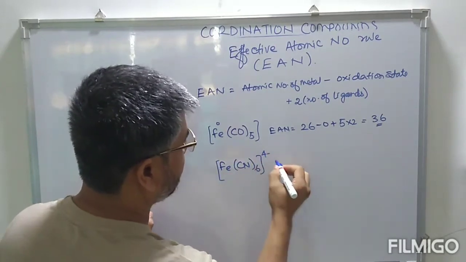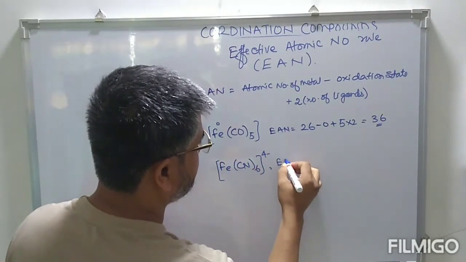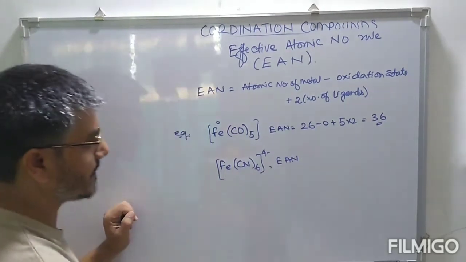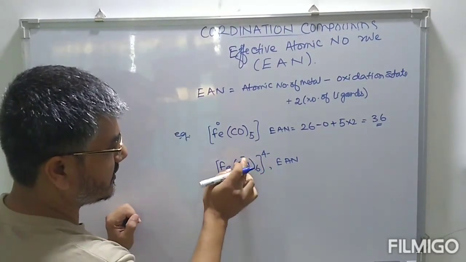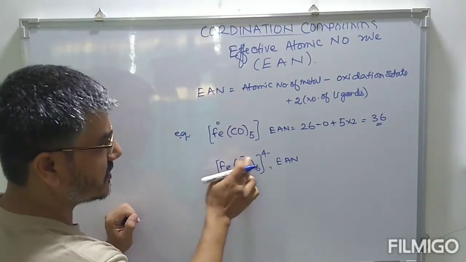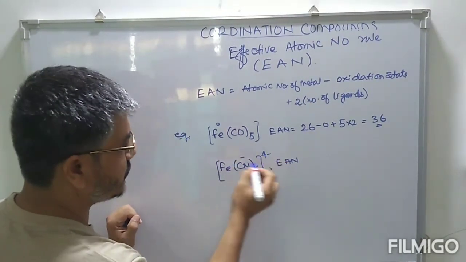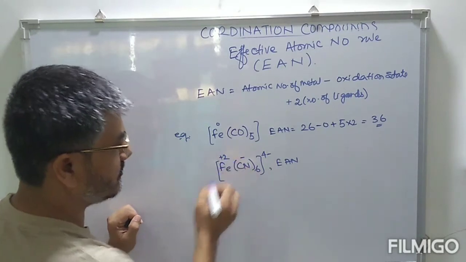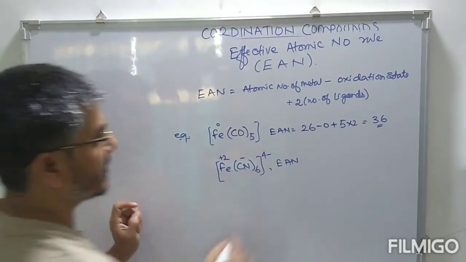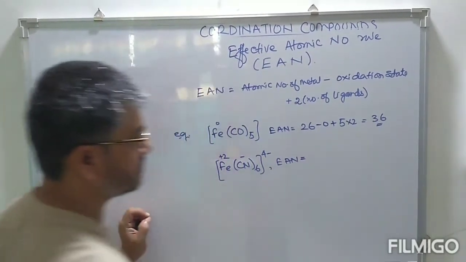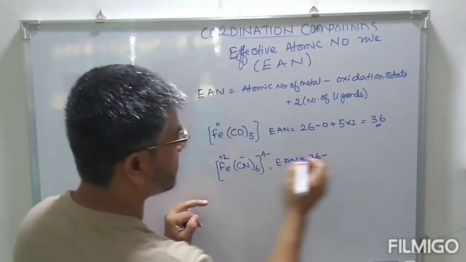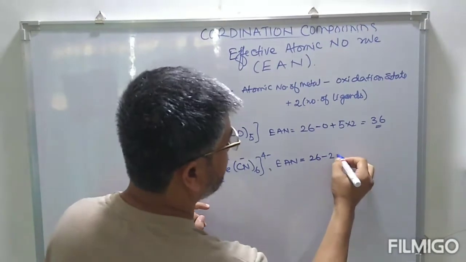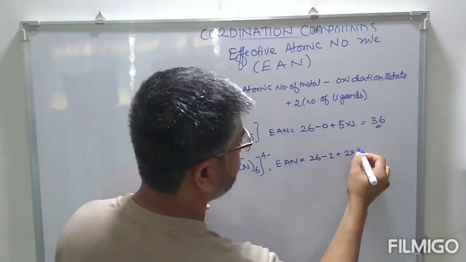Fe(CN)6 4 minus. Effective atomic number. Cyanide is minus, so total negative charge is minus 6, but the complex carries minus 4, so total positive charge should be plus 2. So effective atomic number is 26, oxidation state is 2, so minus 2 plus 2 into 6.